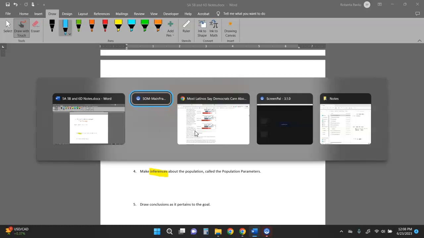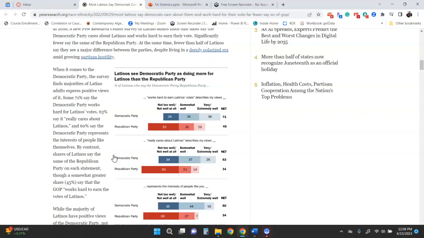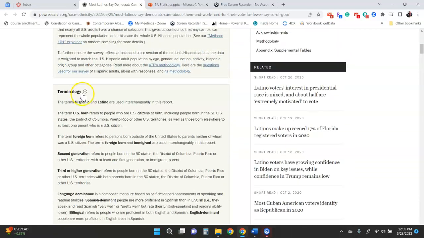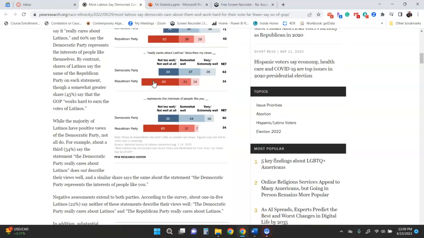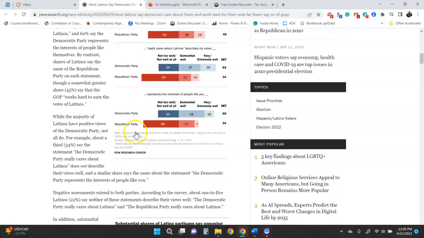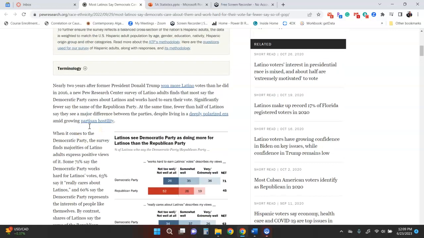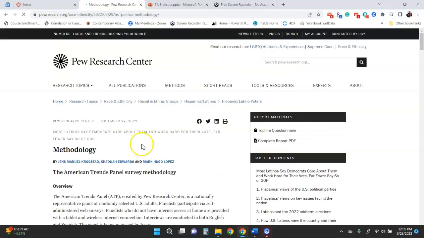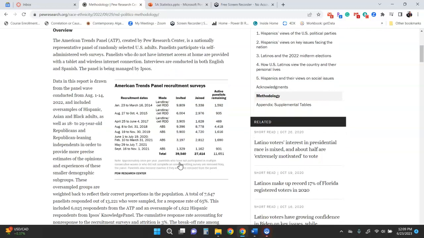So if we look back at our document here, or our survey here, we'll see that there is a methodology. We can look through all of this and try to find the margin of error. Sometimes it's within one of these graphics, sometimes it's within the reading itself, but most often you can find it in the methodology that the particular study gives us.